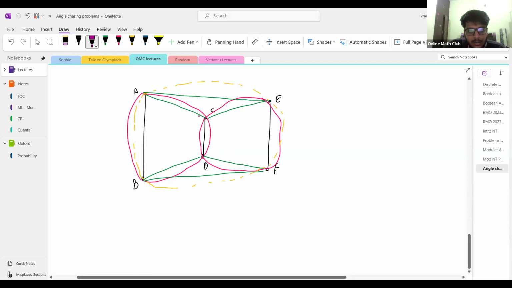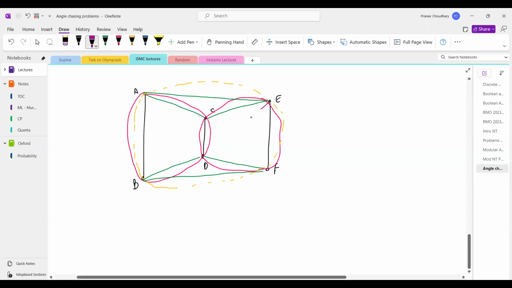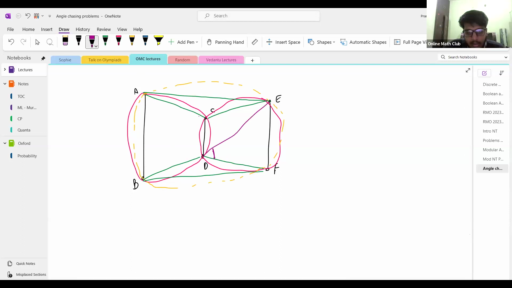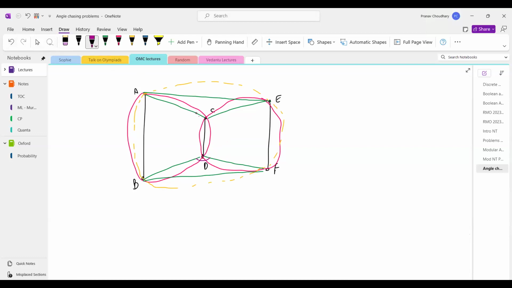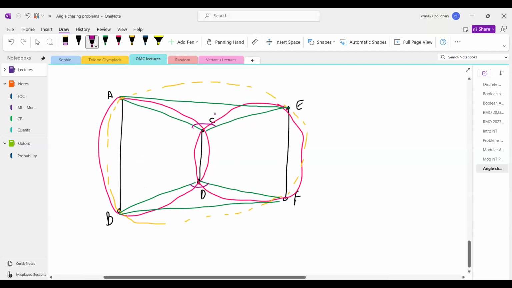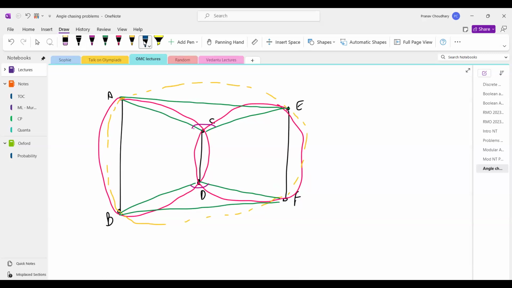You are saying BDF and ACE, why are they the same? Because ACDB is an isosceles trapezium and DCEF is an isosceles trapezium.